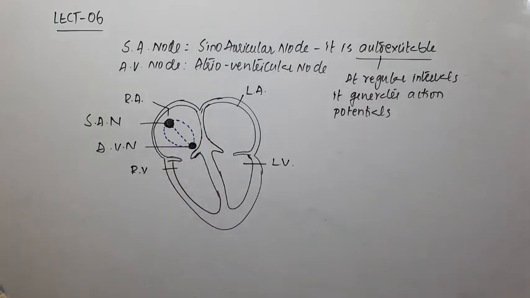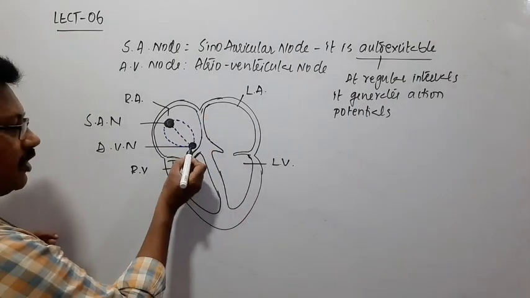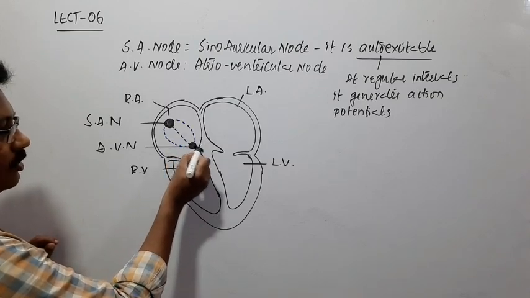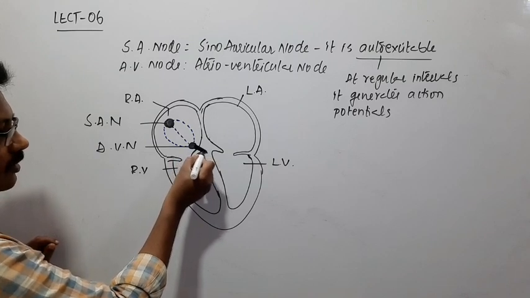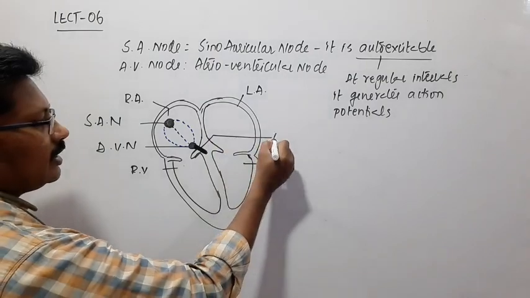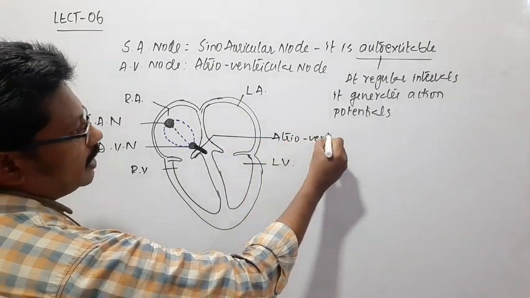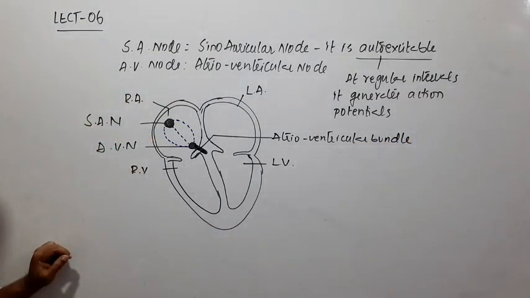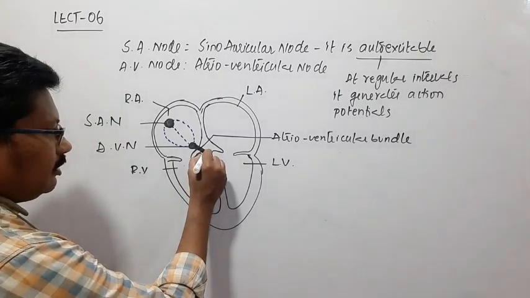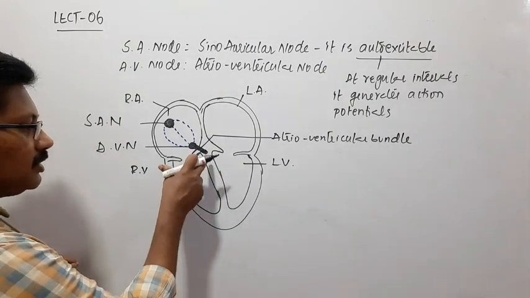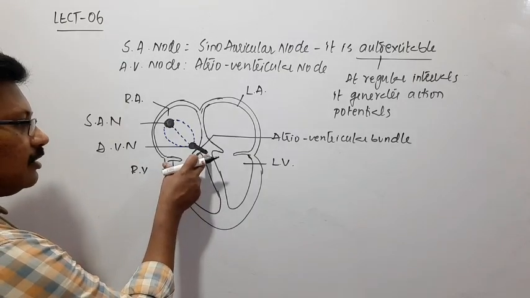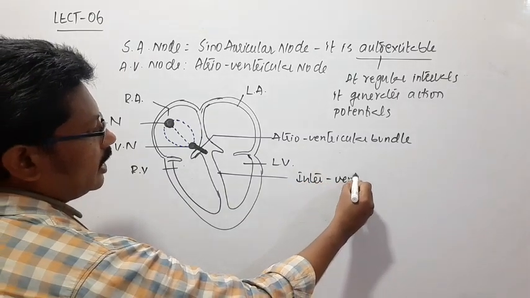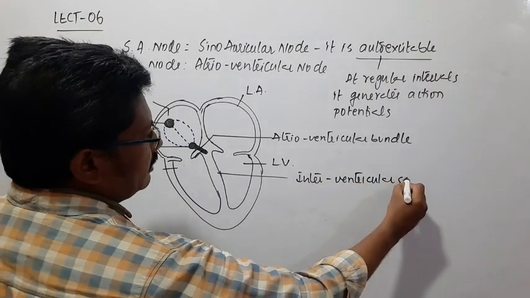Then arising from this AVN, atrioventricular node, is the atrioventricular bundle. This atrioventricular bundle comes right into the interventricular septum.